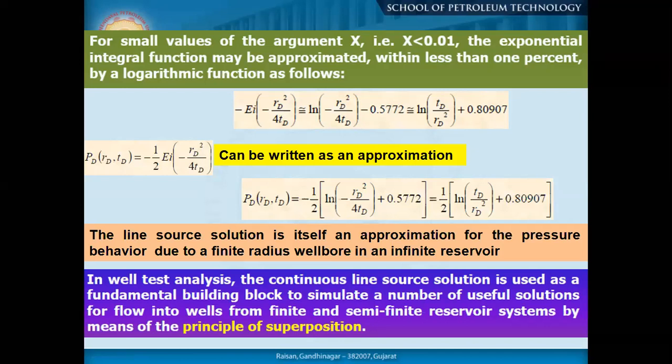Where is the wellbore storage effect, where is the skin effect, where is the infinite acting reservoir domain, and where is the boundary, if you have a sealing fault or parallel fault. That means every sort of information you can properly gauge with the help of well test analysis.